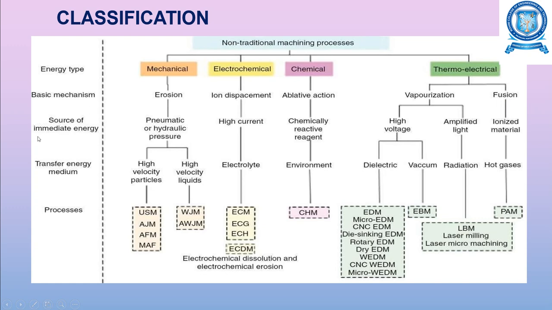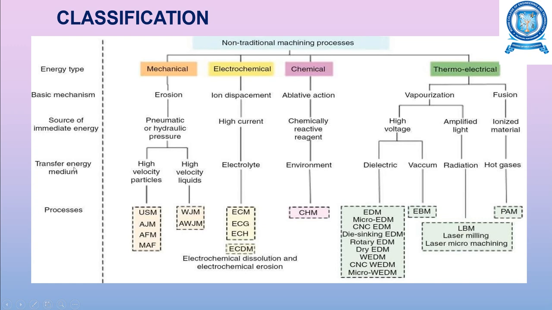Coming to the source of immediate energy, for mechanical you have pneumatic or hydraulic pressure, for electrochemical you have high current, for chemical you have chemically reactive agent, and in thermoelectrical, for vaporization you have high voltage and amplified light, whereas for fusion you have ionized material.